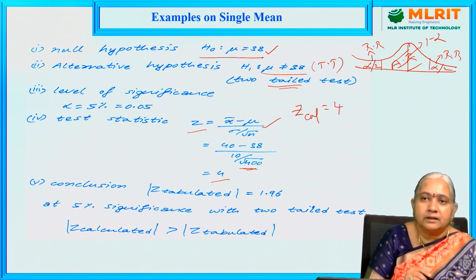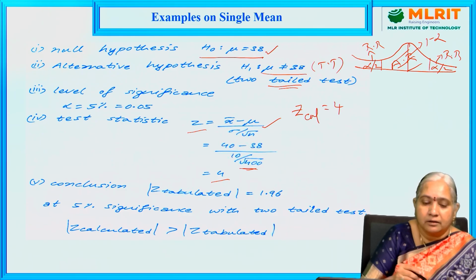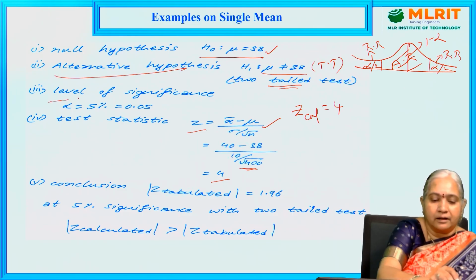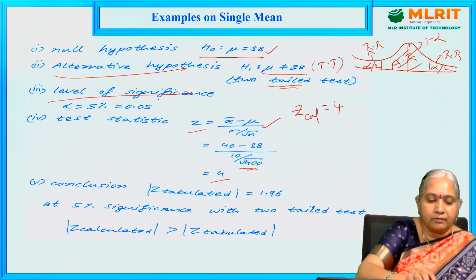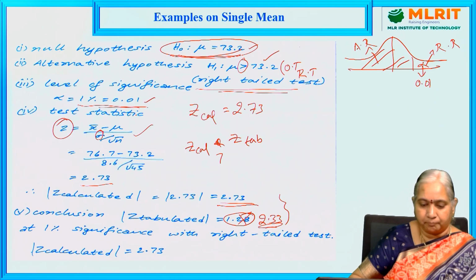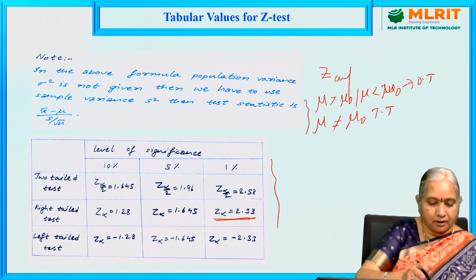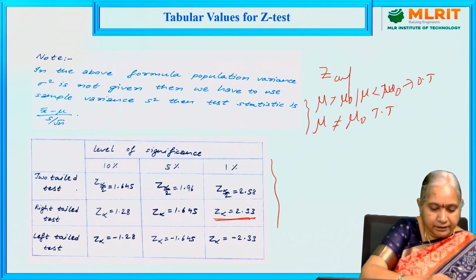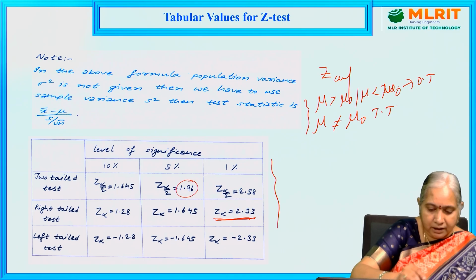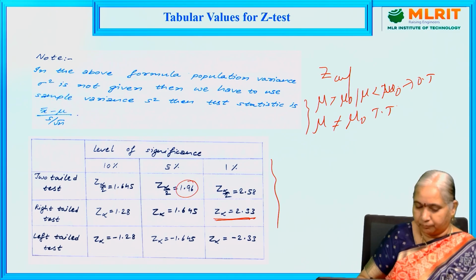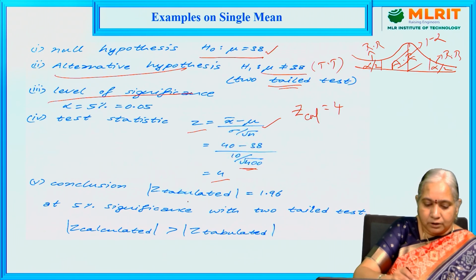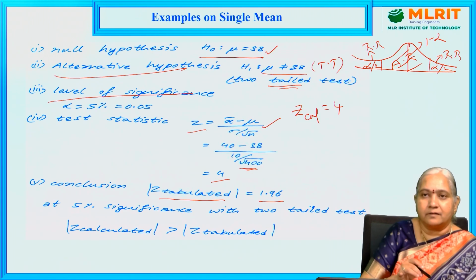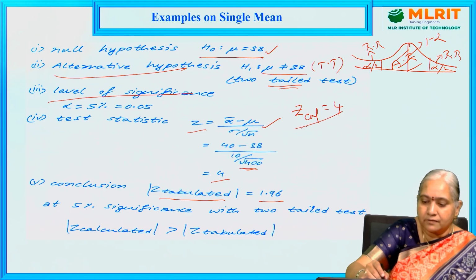Now we see the tabular value, which is based on the alternative hypothesis and the level of significance. The alternative hypothesis is two-tailed and the level of significance is 5%. The tabular value for a 5% two-tailed test is 1.96. So Z tabular value is 1.96 and Z calculated value is 4. Now compare these two values.